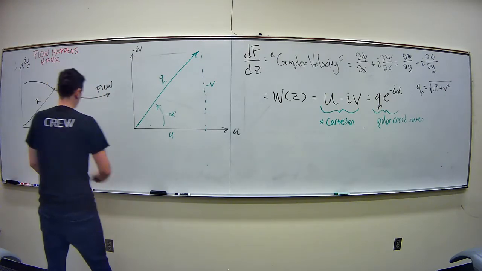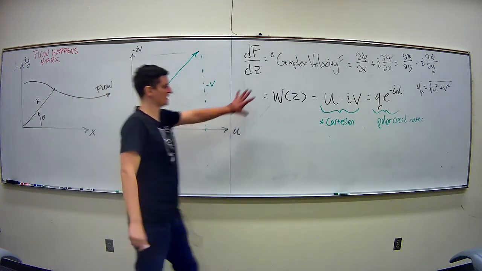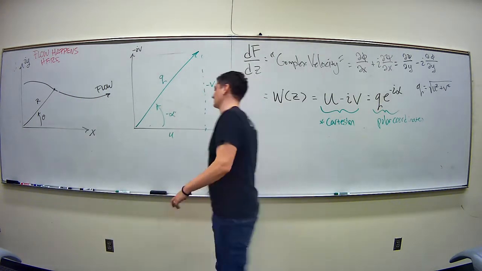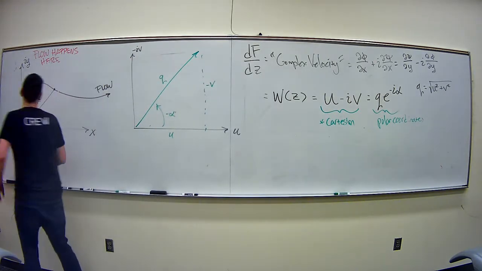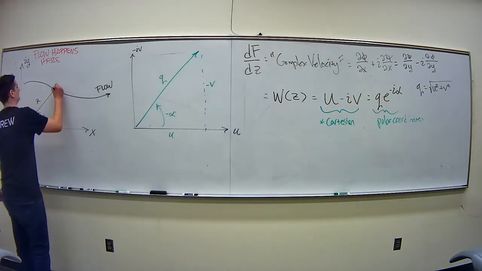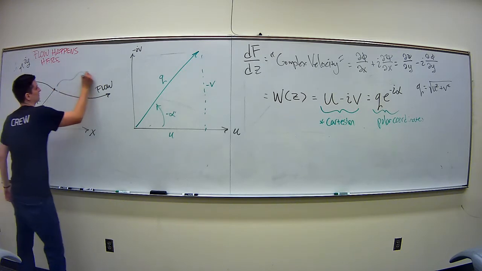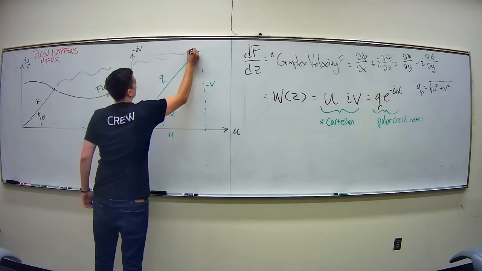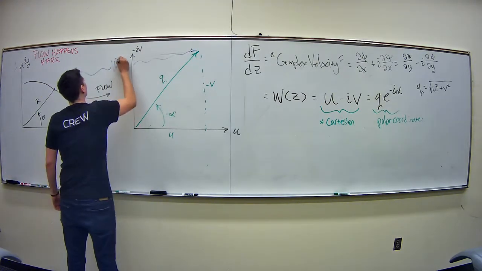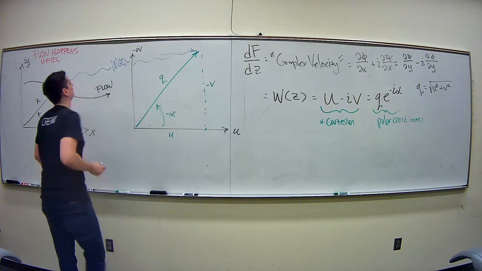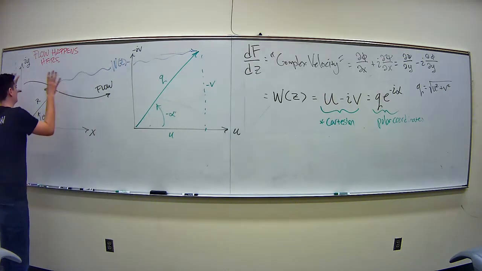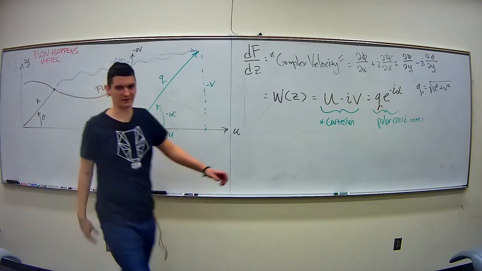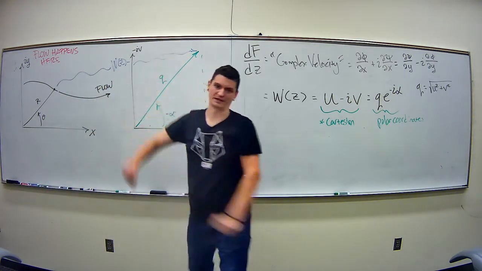So this is what this W of Z represents, and that's hard to wrap your brain around, but it gives you amazing algebraic properties to trick hard stuff. The W of Z maps from this plane where flow actually happens to my w plane.